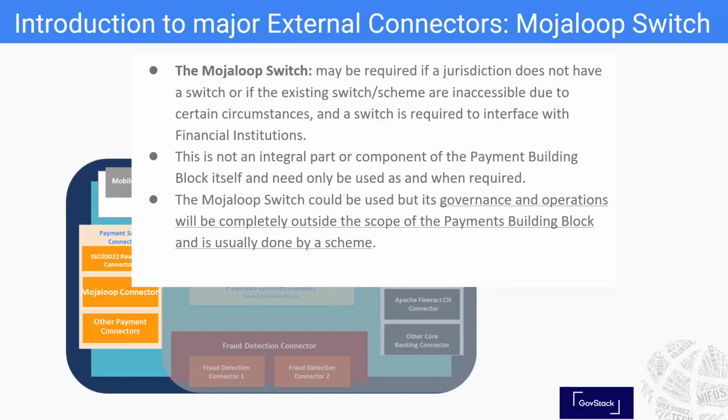And as we just said, typically we're seeing more jurisdictions or regions start to look at developing or deploying switch capabilities. There's a large number in sub-Saharan Africa which have just started deploying switch technologies to enable all the different core banking and banking partner systems to start working together to be able to do payments.